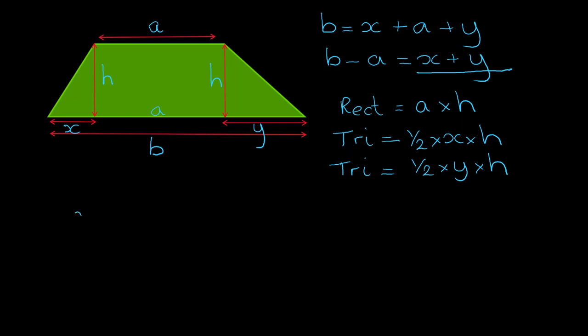So we've got AH plus a half XH plus a half YH.